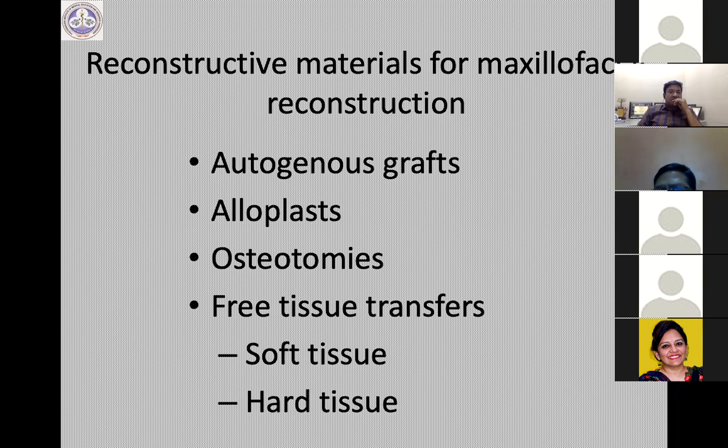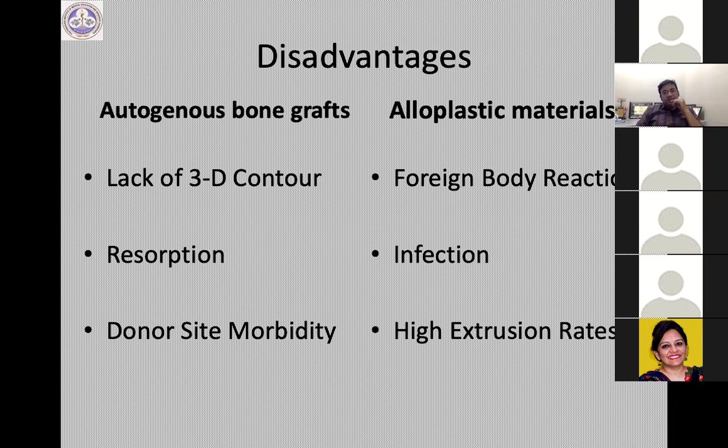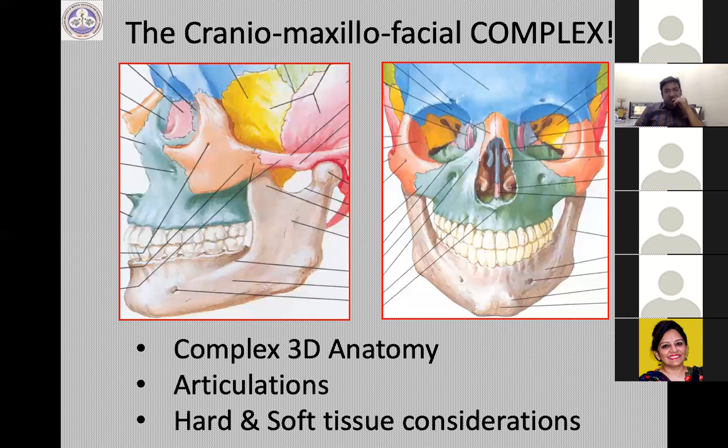Then we have various alloplastic materials, Medpor, and various metallic alloplastic materials. They have their own advantages and disadvantages, as do various osteotomies and free tissue transfers, whether soft tissue or hard tissue. But we all know the lack of 3D contour is a huge problem in autogenous bone graft, especially in the complex maxillofacial region.